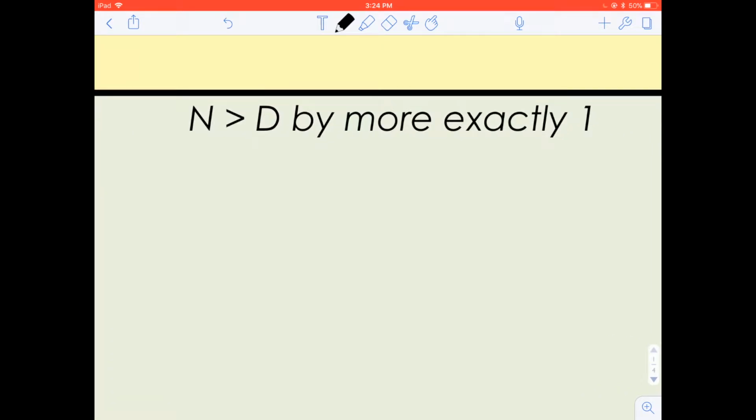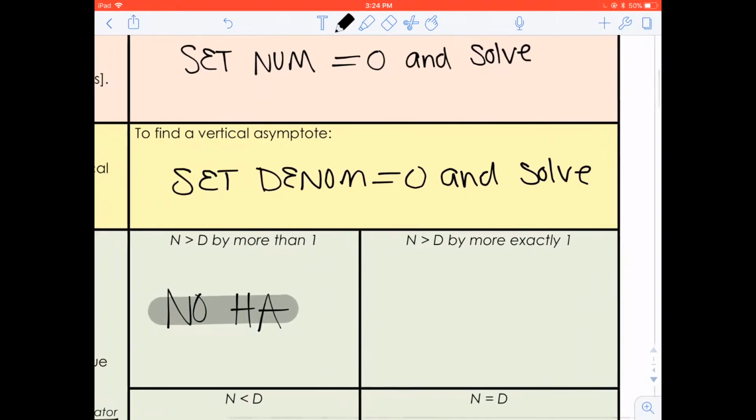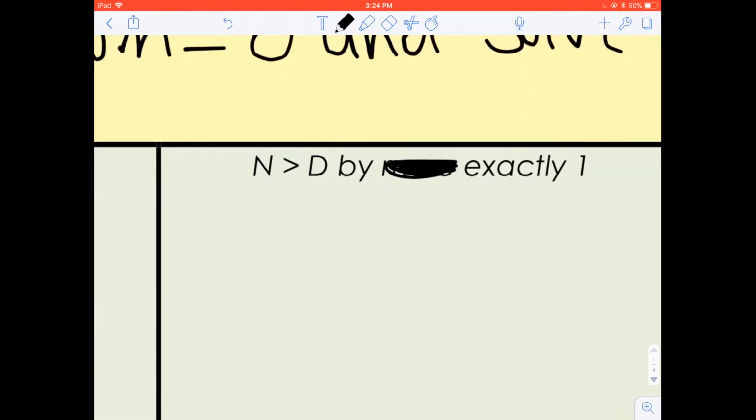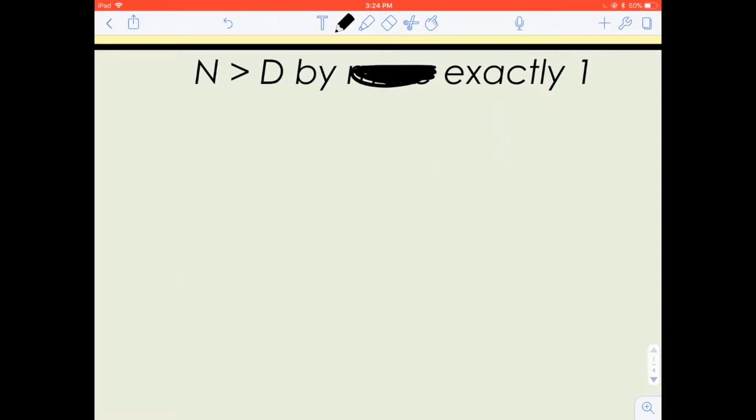If the numerator degree is greater than the denominator degree by exactly 1, then we have to do a lot of work. There's going to be an oblique asymptote.